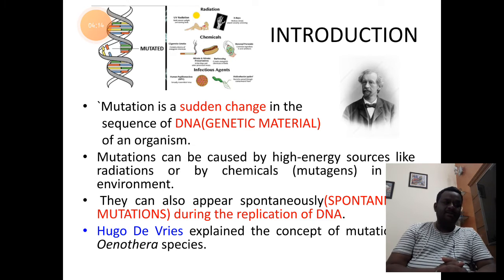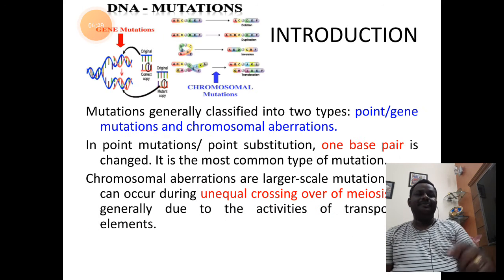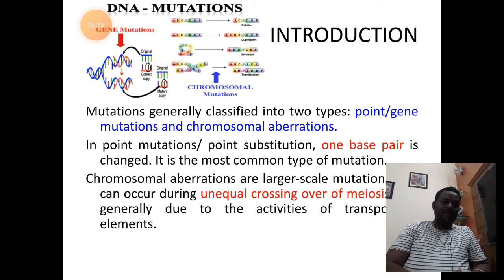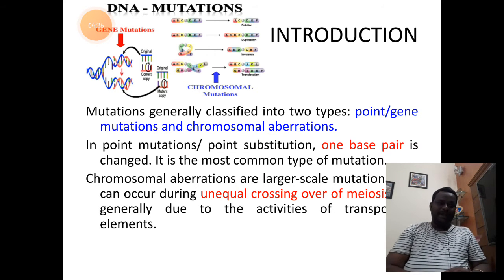In this slide, towards the right side is the photo of Hugo de Vries. Mutations are broadly classified into two types. Number 1, gene or point mutations. Number 2, chromosomal aberrations.